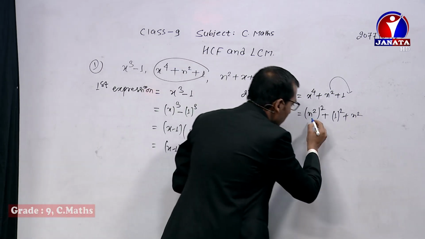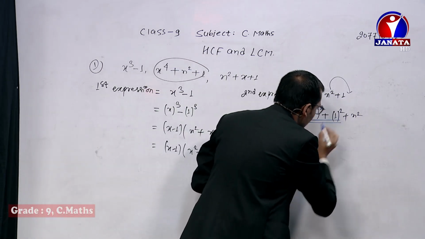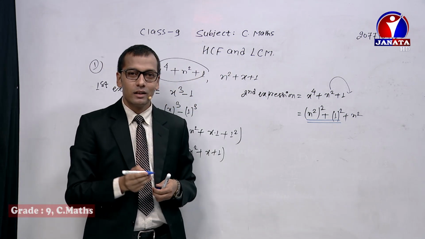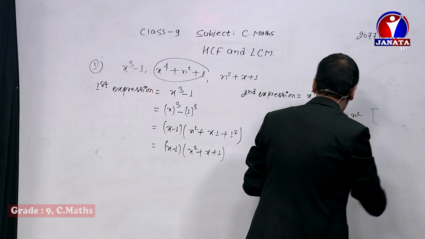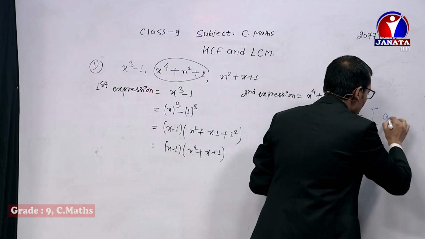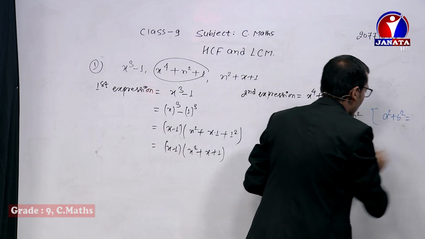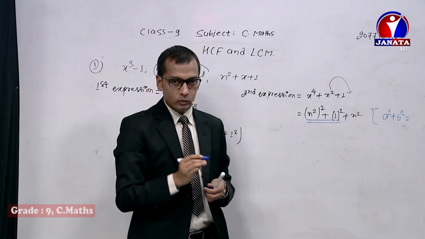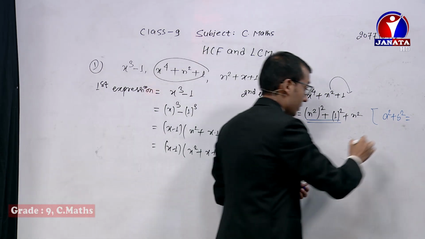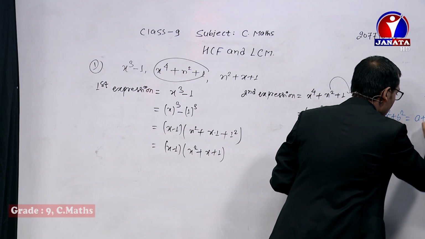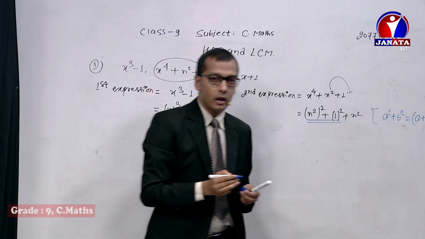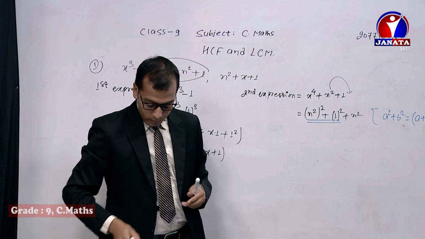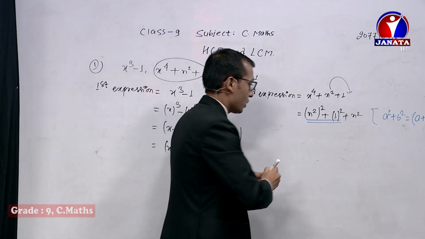Let's see the first two terms here. This is in a square plus b square form. So we can write its formula, a square plus b square. There are two expanded forms. The first is a plus b whole square minus 2ab. So let's use this. a plus b whole square minus 2ab.